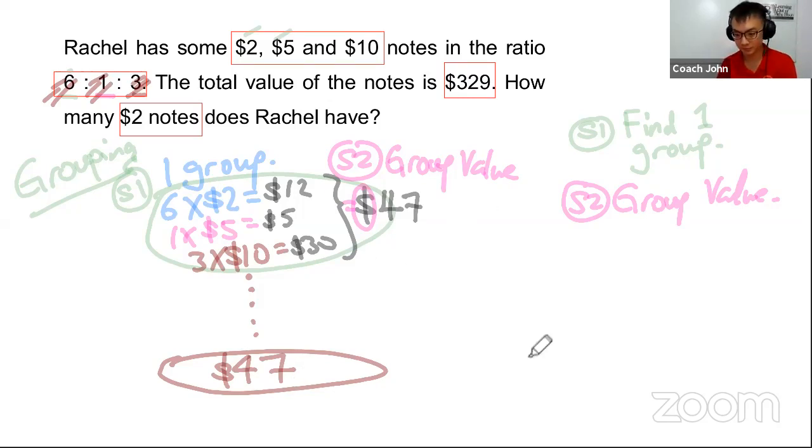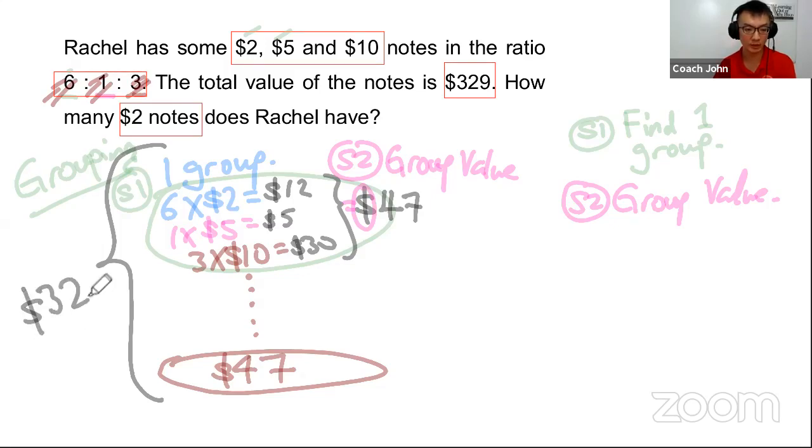Now, where do we insert the total value, which is $329? Make a guess, what is my next step?